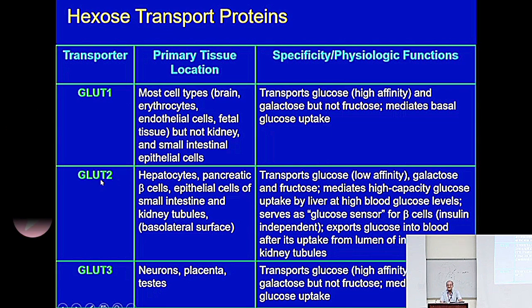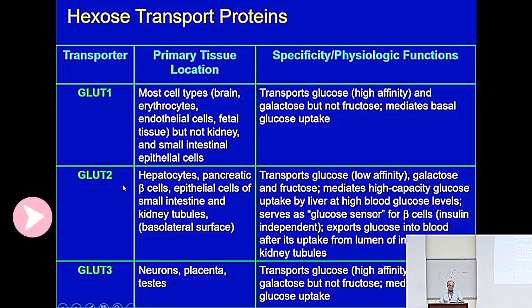GLUT2 is extremely important. Very important transporter, mainly because of 2 things. It's exclusively found in the liver and pancreas, mainly the liver, really, of the important part. And this transporter is unique in that it's bidirectional.